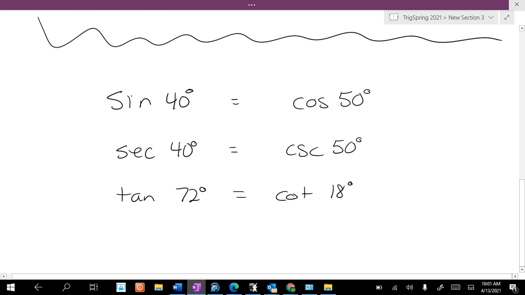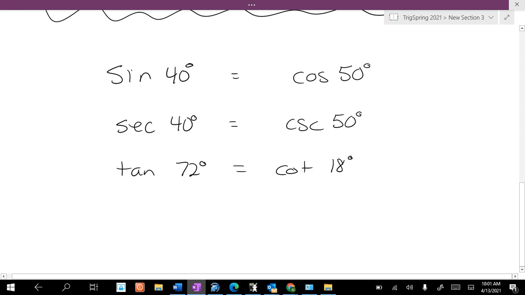Can you tell me what these have in common? They add up to 90 and they're each other's cofunction. The cofunction of sine is cosine. The cofunction of secant is cosecant. The cofunction of tangent is cotangent. Okay? And they should add up to 90 degrees.